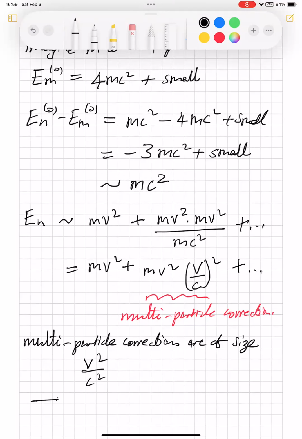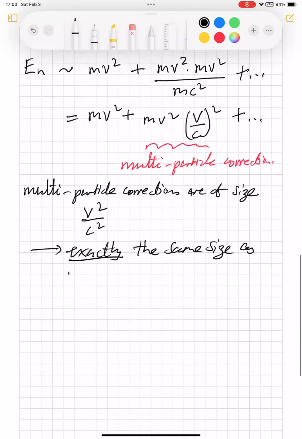And this is exactly the same size as kinematical corrections. And this is exactly the result that we wanted to show. So the conclusion is that multi-particle corrections are of exactly the same size as kinematical corrections.